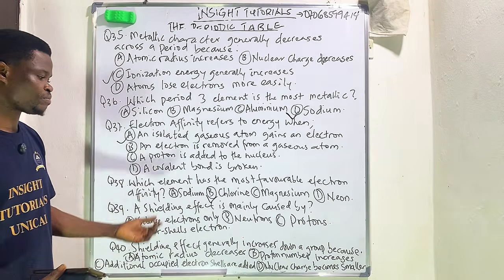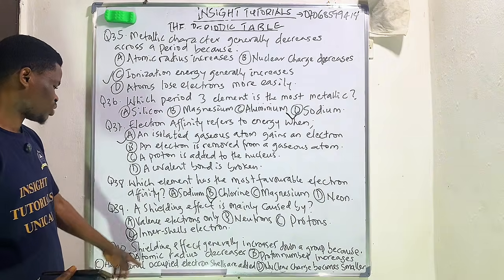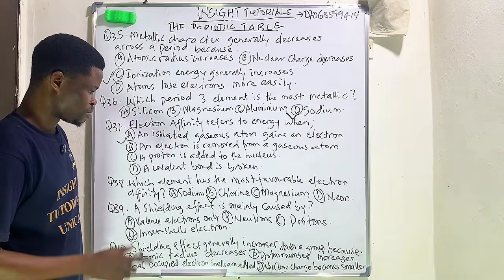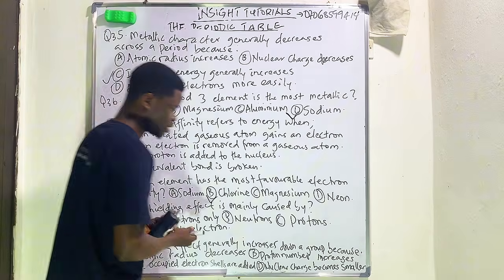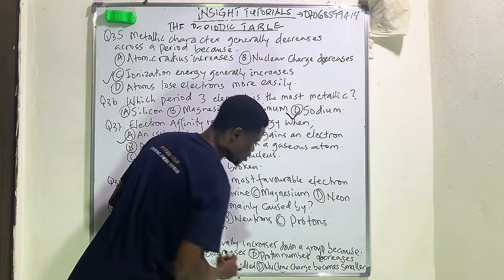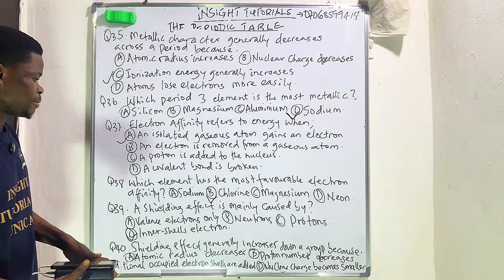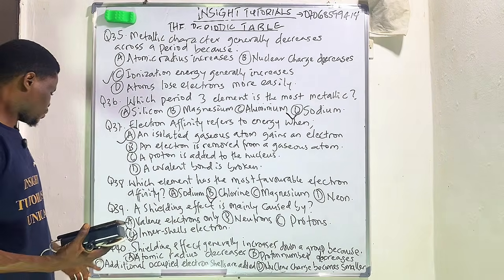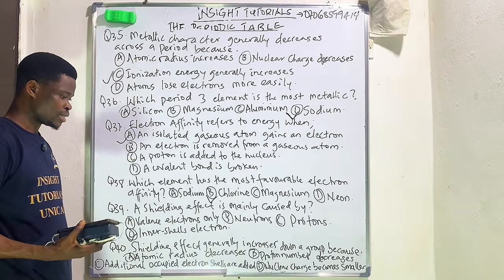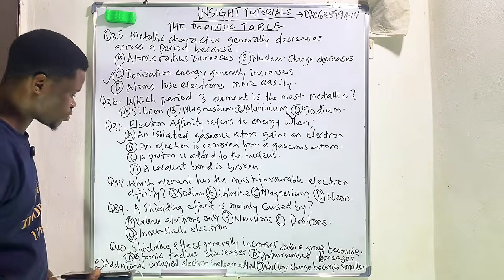We all know that atomic radius does not decrease down the group, so that option is off. Option B says proton number increases. Oh, sorry, it's not increase, it's decrease. That's a mistake from my end. Proton number decreases. C says additional occupied electron shells are added, and D says nuclear charge becomes smaller.